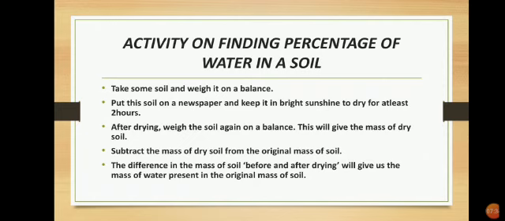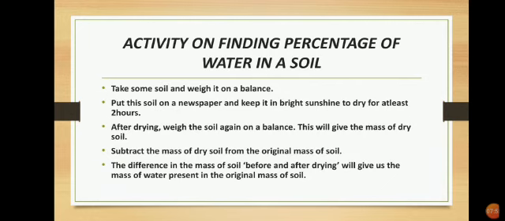For example, now the weight is 170 grams. So this is the mass of the dry soil, and the earlier 200 grams was the mass of the original soil, that is, soil with water, while soil without water is the dry soil.